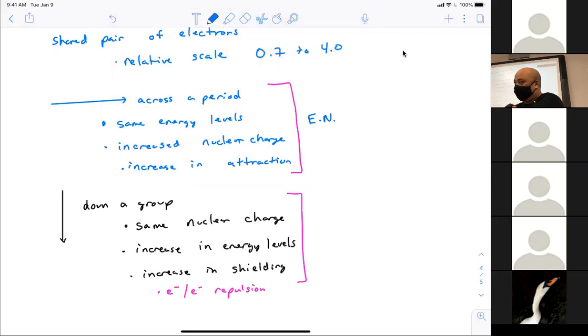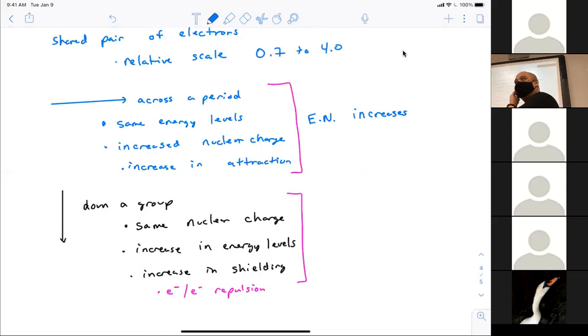Why? There's more protons with the same energy level. So the distance isn't really changing, but the protons pulling on it are, and that increases electronegativity.